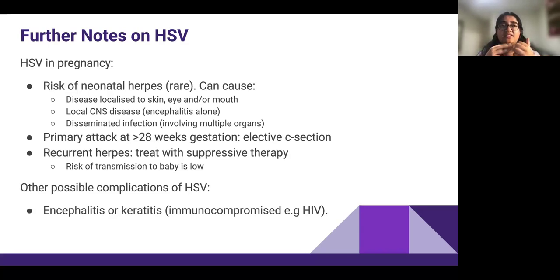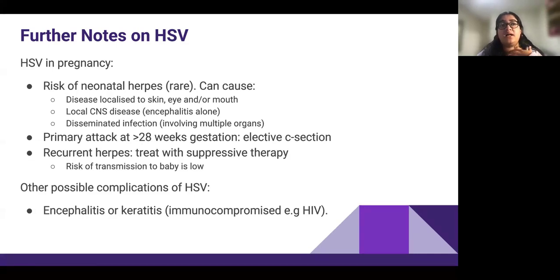And this is normally seen as lesions on the scalp, the eyelids, and the mucosa, like the oral mucosa. So you'd want to prevent that, because in some cases it can go on to develop meningoencephalitis. So in order to avoid this, we say that if a woman has had her primary attack of HSV greater than 28 weeks during her pregnancy, then she would need to do an elective C-section.